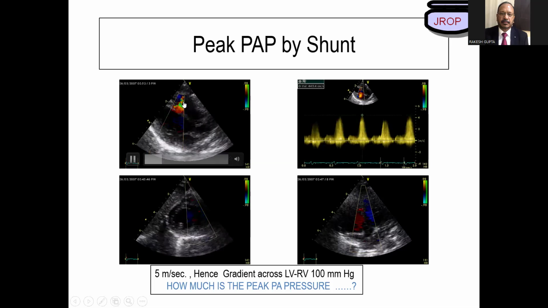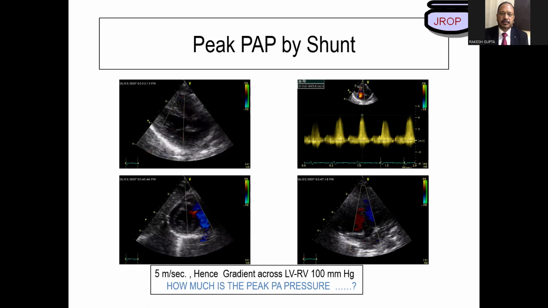So now, as I said, RV has got some inherent pressure. How do you derive my RV systolic pressure? By looking at the TR jet velocity. Normally, suppose my TR jet velocity is 2 meters per second.